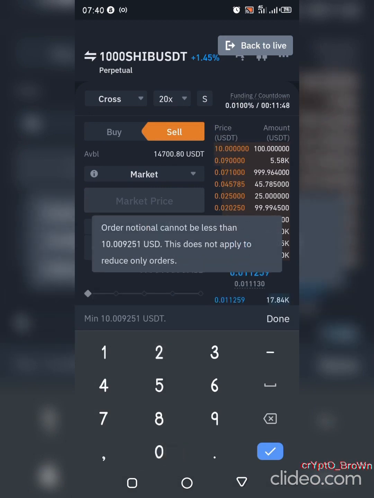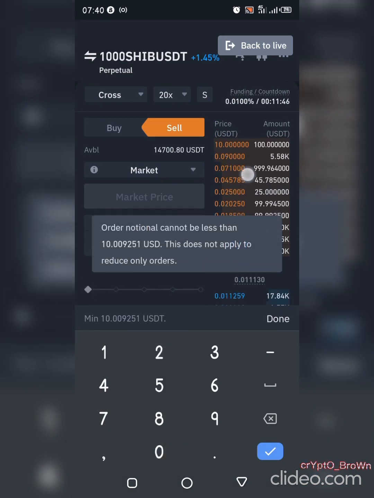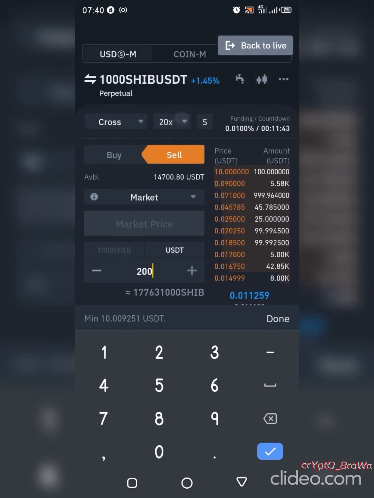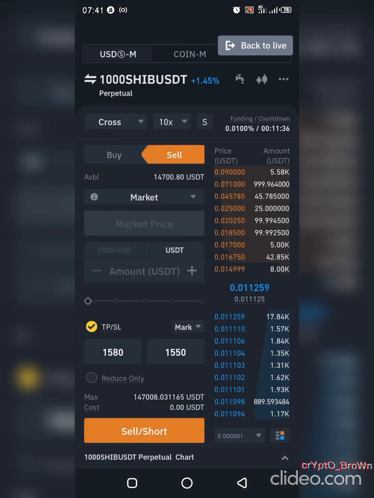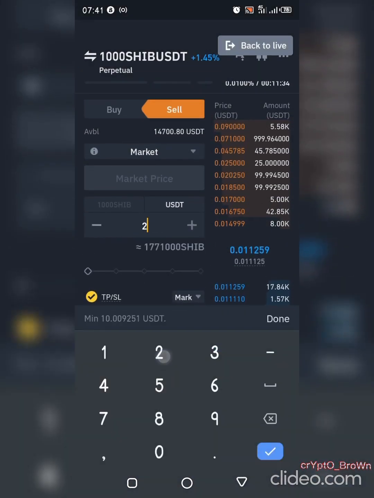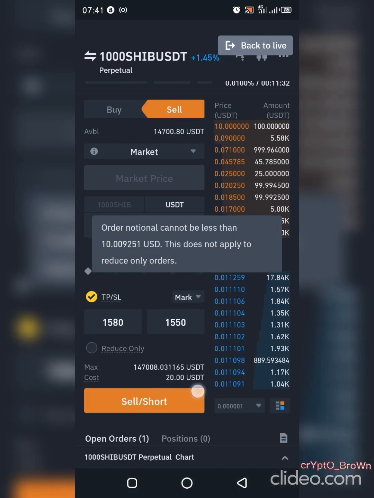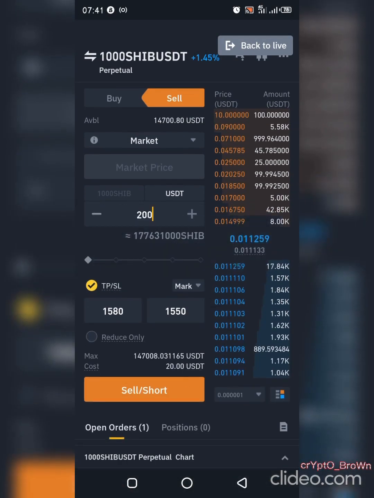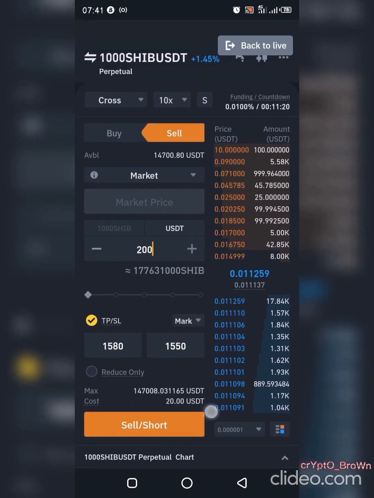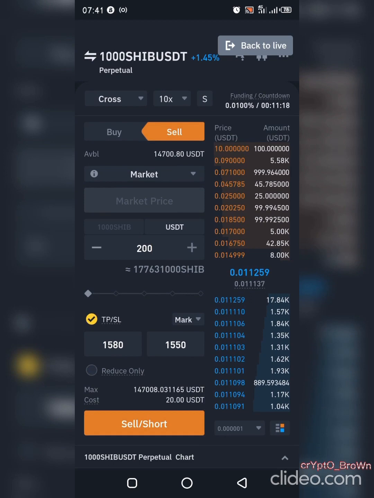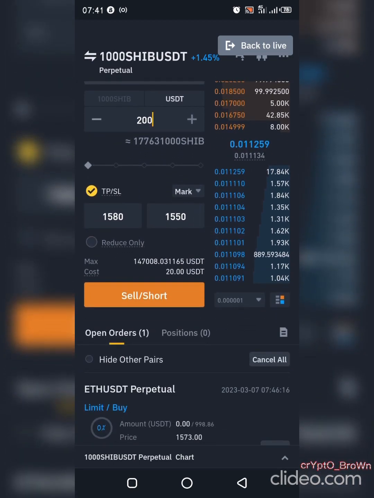Maybe you want to use 200 USDT, which means I will need a leverage of 10x, which means I'll need 20 USDT to enter into this market using 200. So for me to enter into the market using 20 USDT, I need to have at least 20 USDT in my account. Alright, so I will sell short.